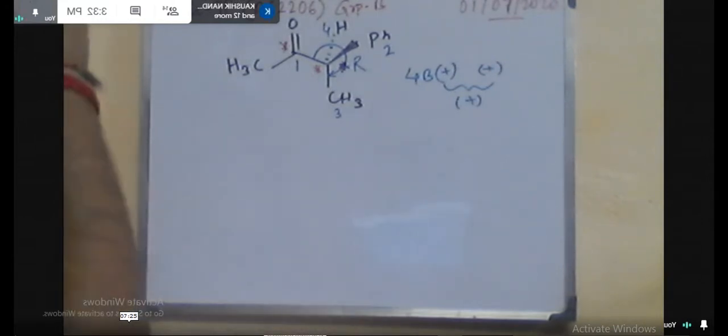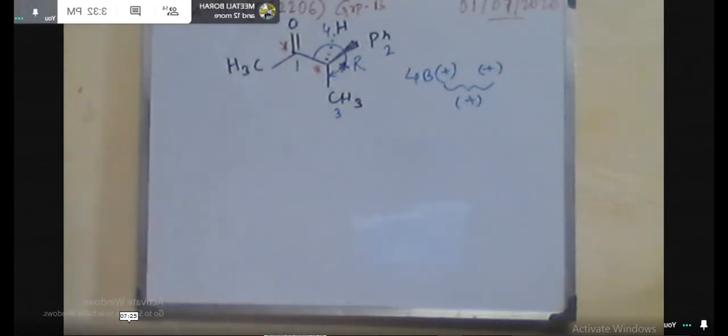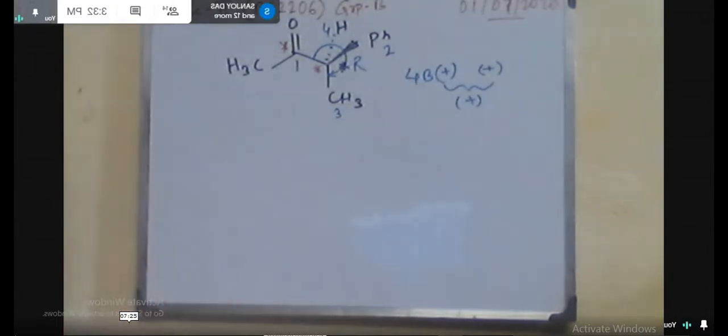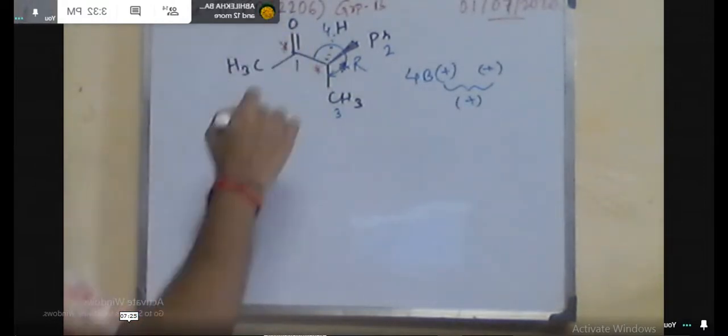So generally during drawing of the Newman or Sawhorse projection from this flying wedge projection, we need to show this bond in such a way that the sp2 hybridization or planarity is maintained. So how can you show this?